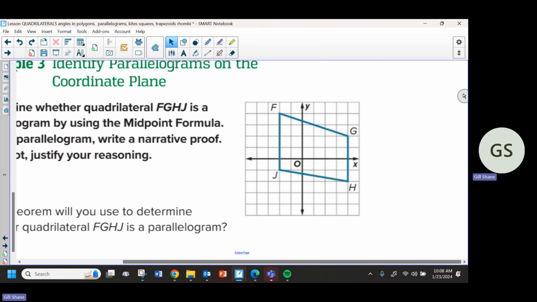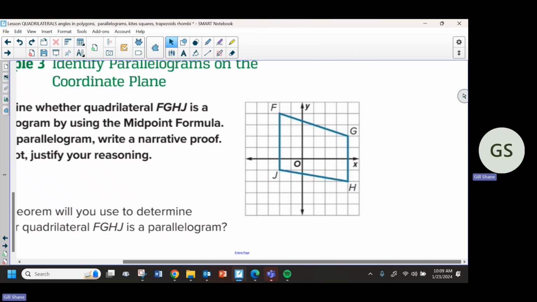Have we ever done something about figuring that out? Maybe something up on the board still? The distance formula allows us to solve for the length of any line.